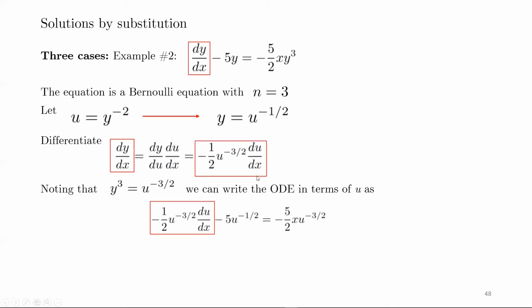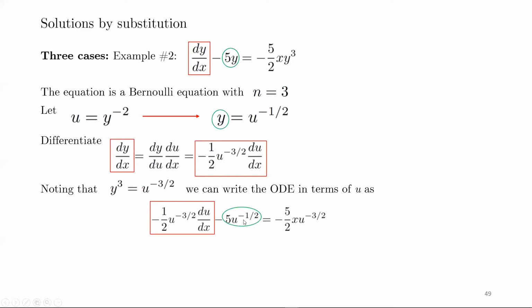So dy/dx we said was negative a half u to the negative 3 halves du/dx. So this is the term I've highlighted in red here. 5 times y is equal to 5 times u to the negative 1 half. So that's what I have here.